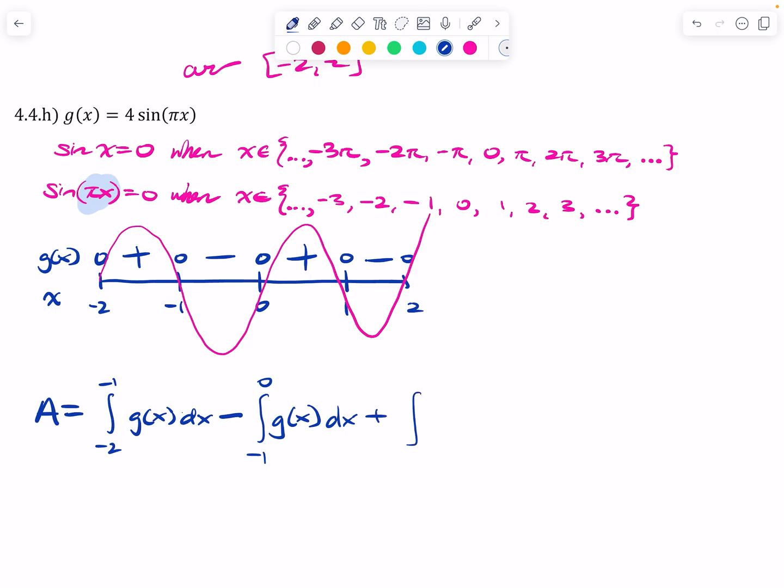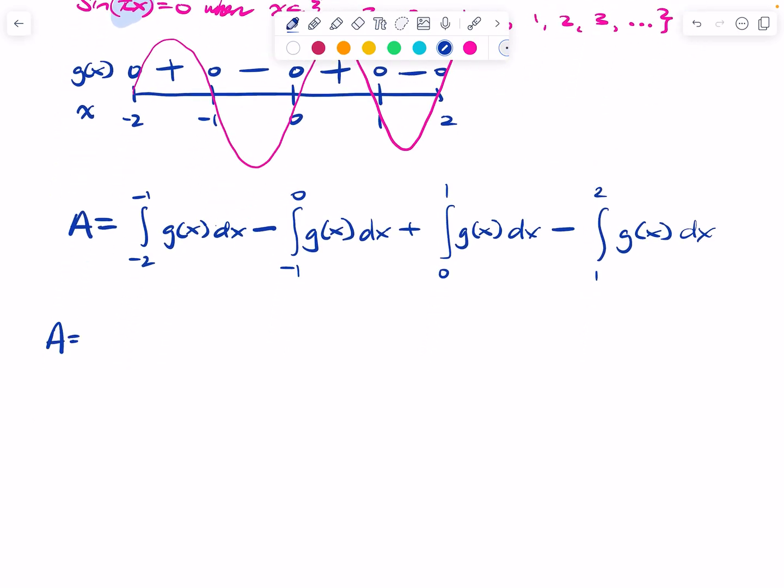We'll add from 0 to 1, and we'll subtract from 1 to 2. Again, because that one would have been negative otherwise, so we account for it that way. You could do the step where you write absolute values instead, but this is just a little bit faster.